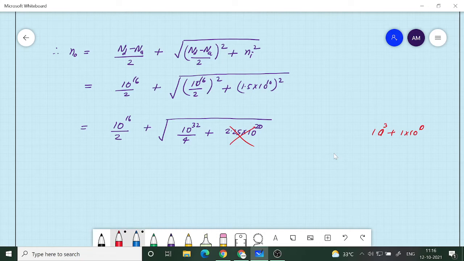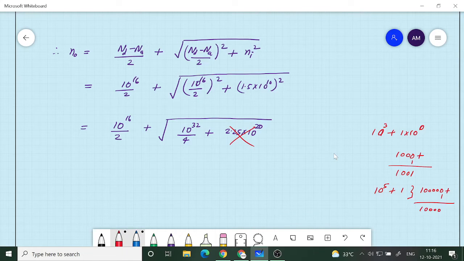This is only 3 orders of magnitude difference. So you write the first number plus the second number, and you will get 1001, which is close to 1000. If there is a 5 orders of magnitude difference, like 10 raised to 5 plus 1, then it will be even more trivial. You put 5 zeros, 1 lakh, and then after adding you will get the result like this.